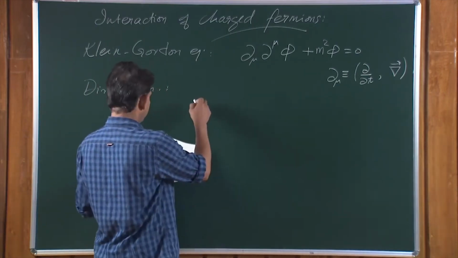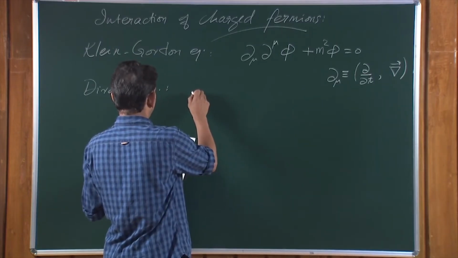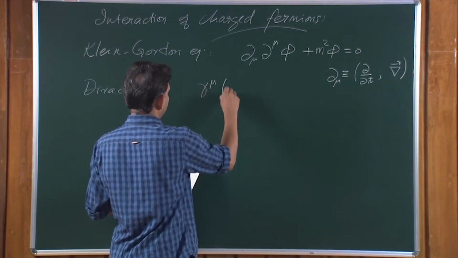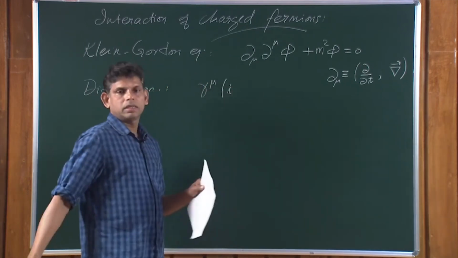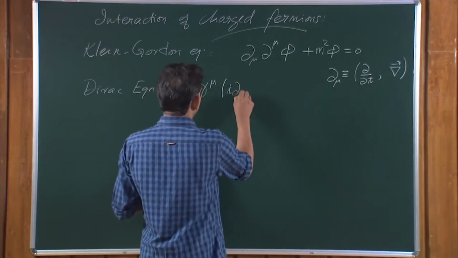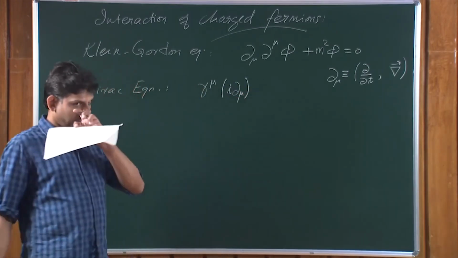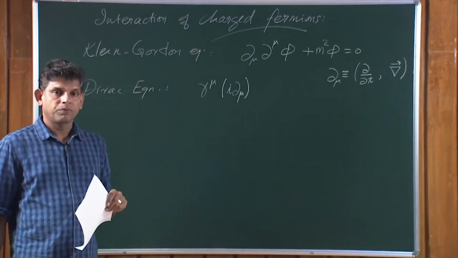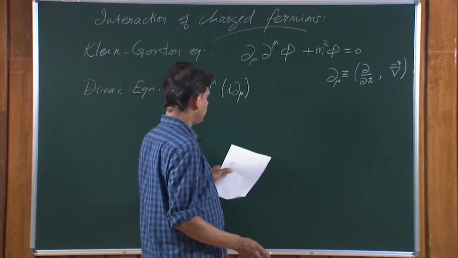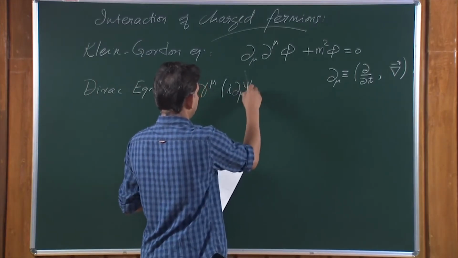In the Dirac equation, we have a slightly different case, where we have gamma mu, an object which we have defined clearly and described in some detail, and i dou mu, which is essentially the momentum operator apart from a sign and apart from the constant h cross, which we are taking as 1, this acting on psi.